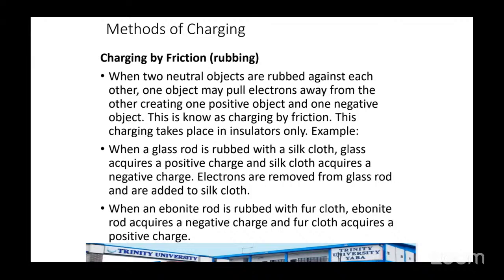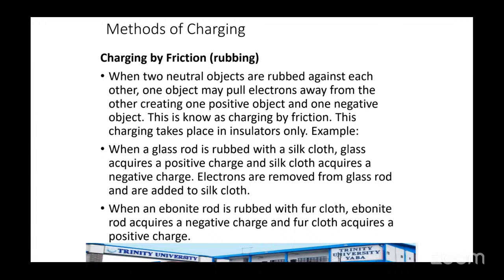Now, if you look at this example here, glass acquires positive charge and silk acquires negative charge, which means that glass will transfer electrons to the silk, because when an object loses electrons, it becomes positively charged. And when an object gains electrons, it becomes negatively charged.